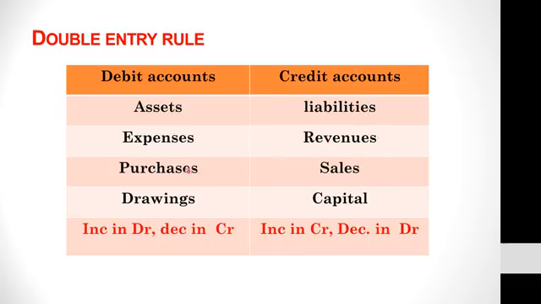But the main and the important thing is what happened to this account within the transaction that we need to record. Did it increase or did it decrease? If the account is a normally debit account and it increased, it is going to stay within the debit side. If it decreased, you place it within the credit side.